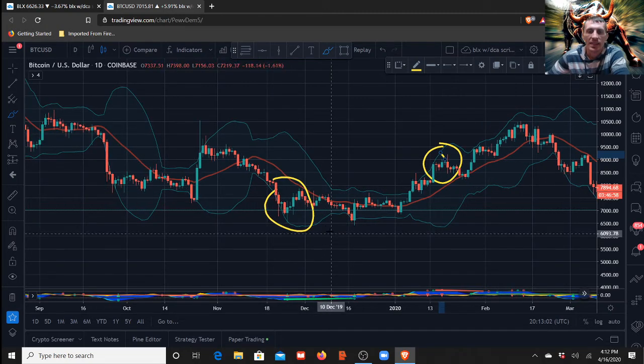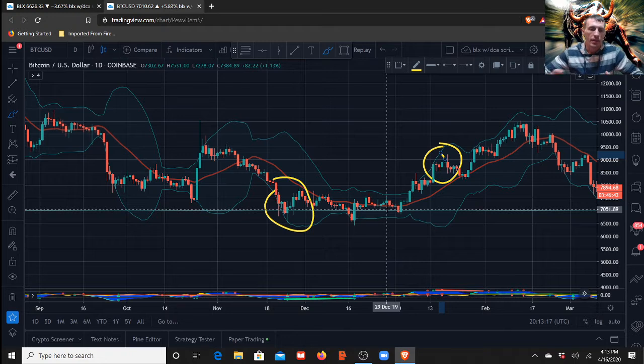Typically, price stays within the bands, depending on what deviation you're trading on. If 3 standard deviations, price is usually between 90 and 95% of the time inside of that deviation. The lower you go, the lower that percentage gets.